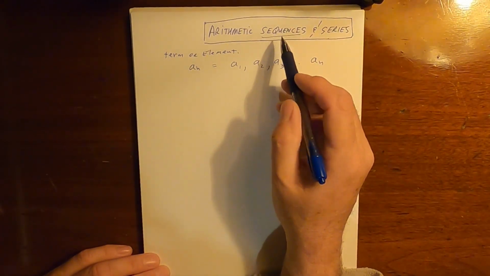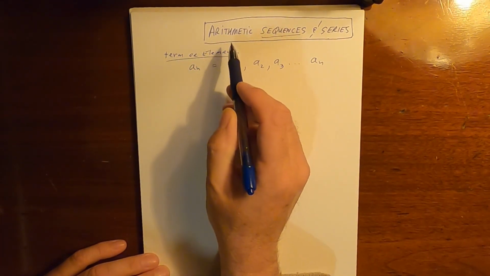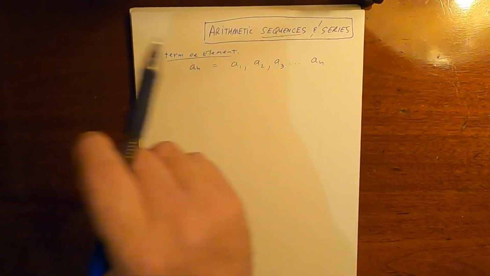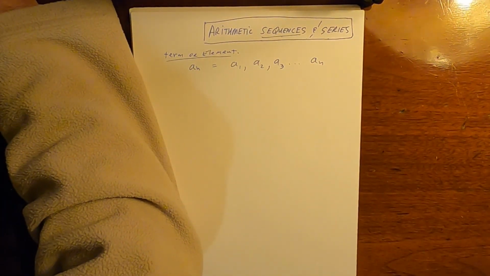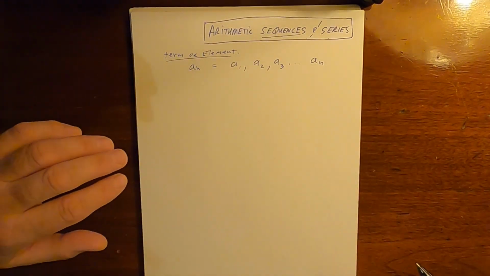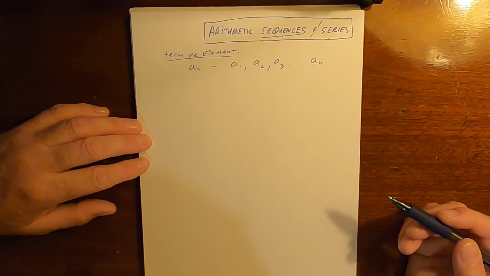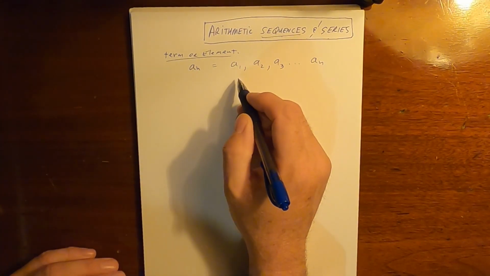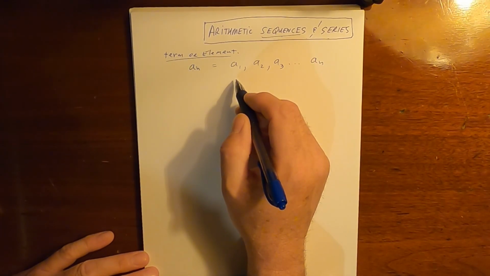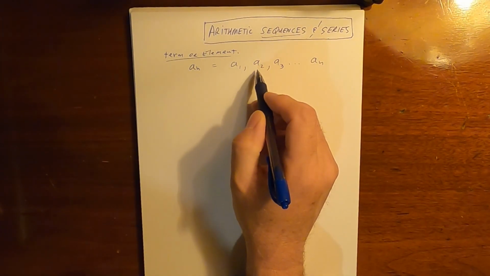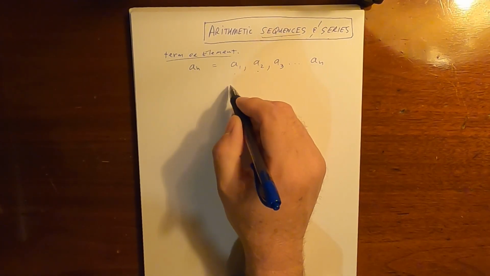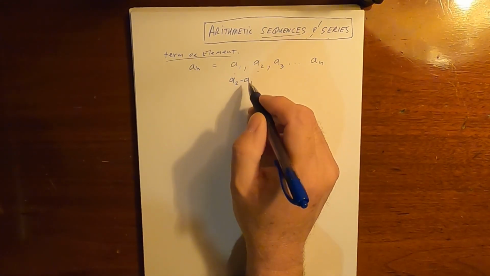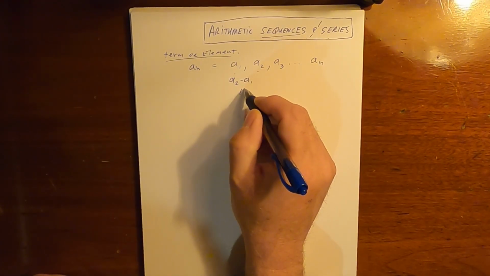The thing you're going to find out about arithmetic sequences and series is they always have a common difference. The difference between the terms is always the same. So if you subtracted the first term from the second, that would be a_2 minus a_1, and that difference would give you some number.